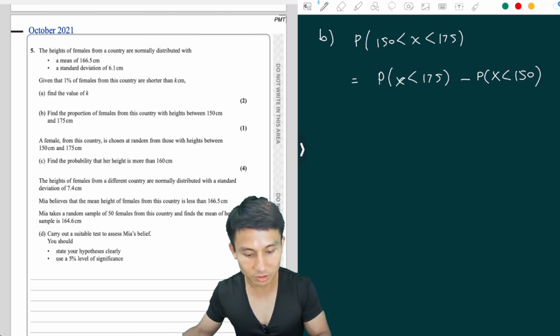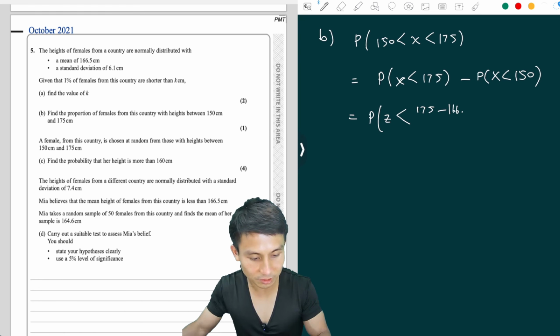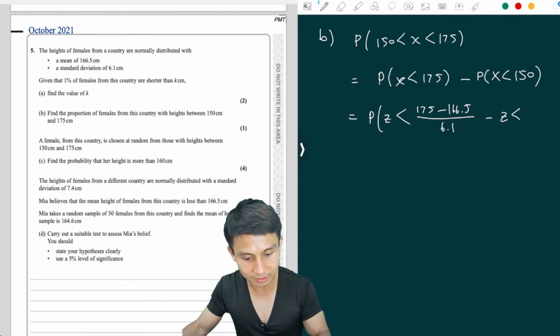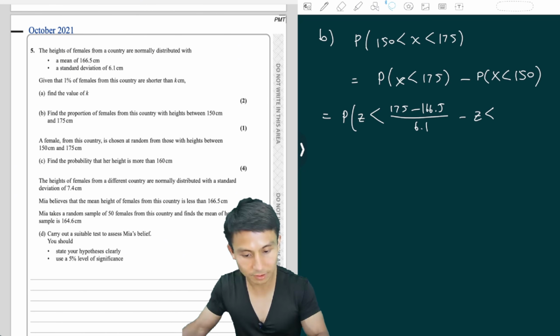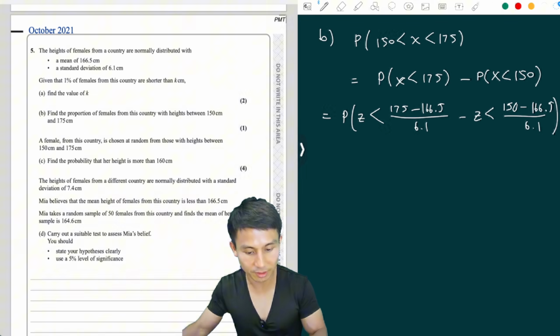That is P(Z less than (175 minus 166.5) over 6.1) minus P(Z less than (150 minus 166.5) divided by 6.1).